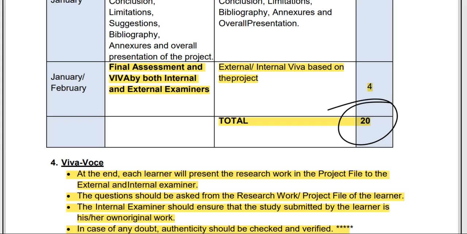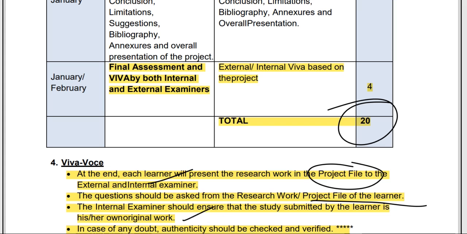Internal examiners are the teachers or examiners from school. External ones are appointed by the CBSE. Now you have to present your project file to both. Then questions will be asked from your project file, and the internal examiner should ensure that the study submitted is your own work.